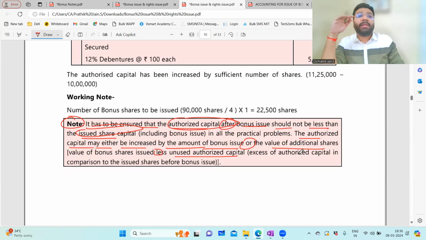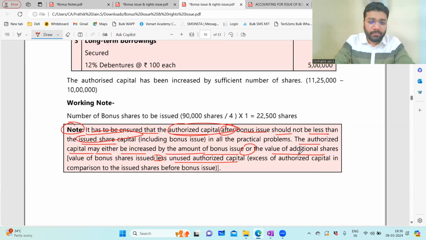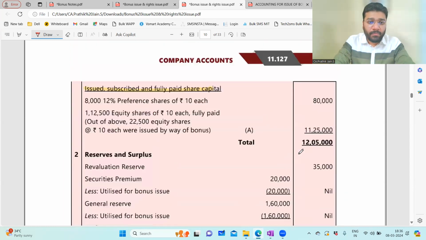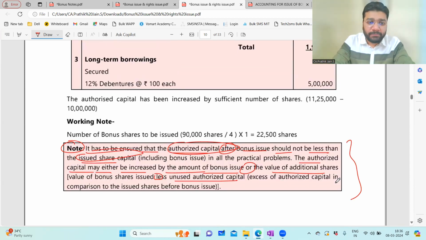When issued capital 90,000 plus 22,500 happens, it becomes total 1,12,500. So please ensure that if the issued capital at a point is exceeding the authorized share capital, you increase the authorized capital at least equal to the issued share capital by completing the necessary formalities. They could have put it in simple words, no problem. They've complicated it, it's okay.